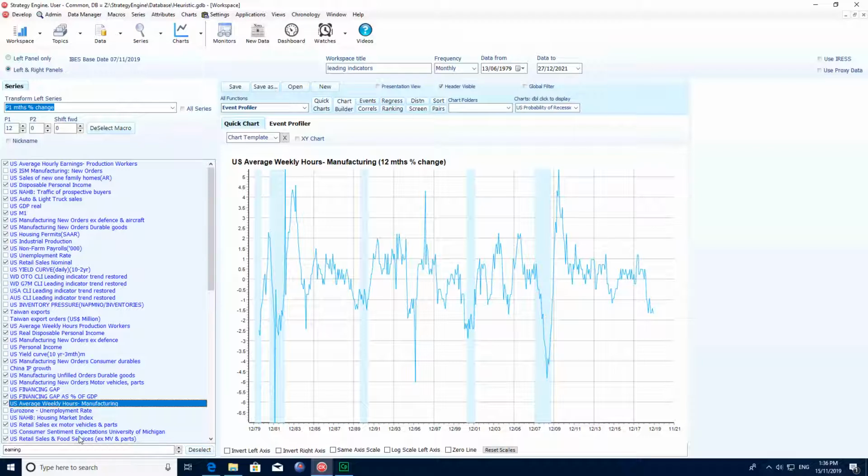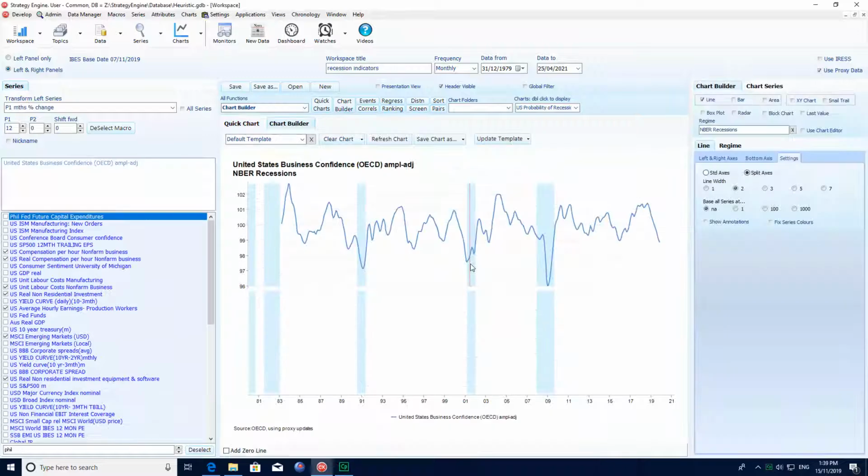If we now turn our attention to some of the corporate sector indicators, we'll just have a look at those shortly. There's also been quite a bit of discussion around business confidence, because that's the area that has deteriorated quite significantly in the US.